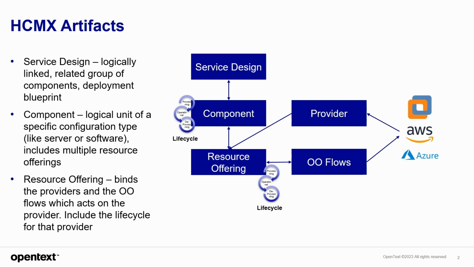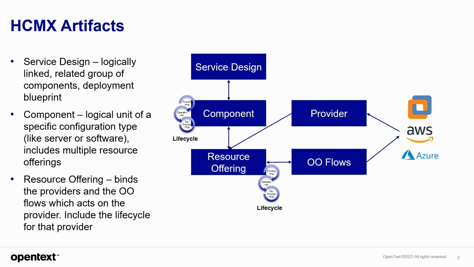Okay, so to talk about the main artifacts with respect to the service designer. So we have service design. The service design is the main thing, where you actually create your deployment plan. We call it a deployment blueprint as well. So the service design constitutes multiple components, which you can drag and drop on the designer, which I will show, of course, in my demo.